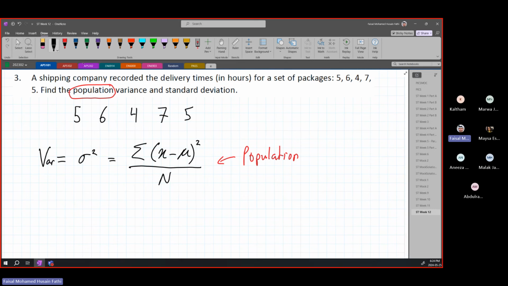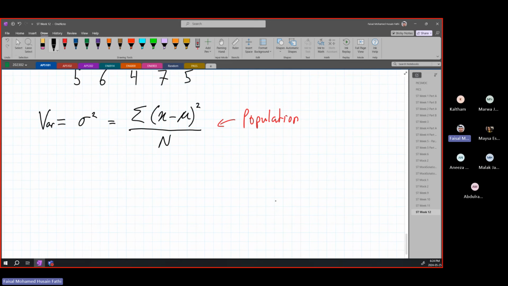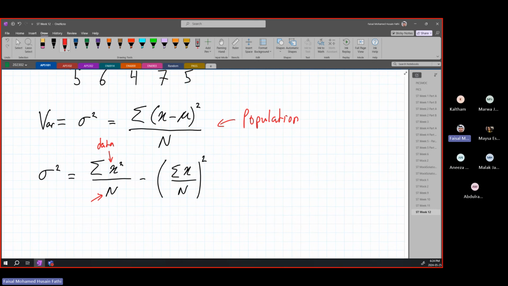You're going to draw your table and do all of that. However, there is a faster and shorter way to do the variance. The variance is also equal to sigma x squared divided by n, minus sigma x over n, all squared, where x is our data and n is our total number in the case of raw data.